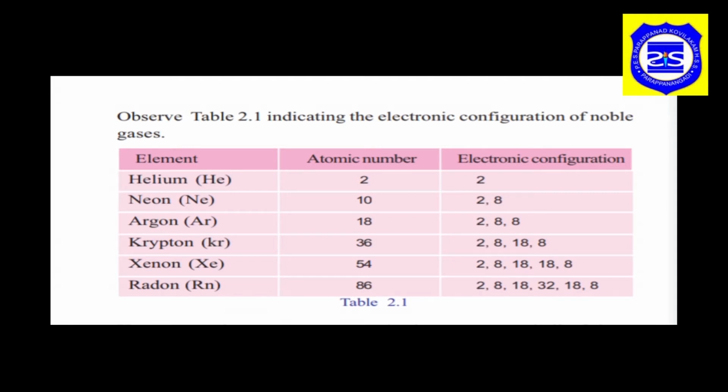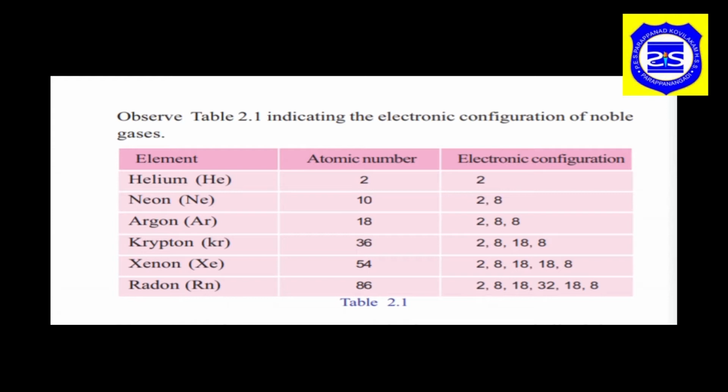And krypton, 36 is the atomic number, the electronic configuration is 2, 8, 18 and 8. Xenon, 54, the electronic configuration 2, 8, 18, 18 and 8. And radon, 86 is the atomic number and the electronic configuration 2, 8, 18, 32, 18 and 8.